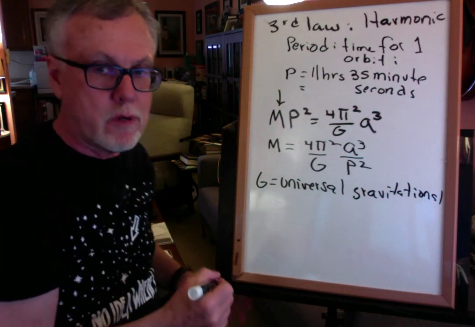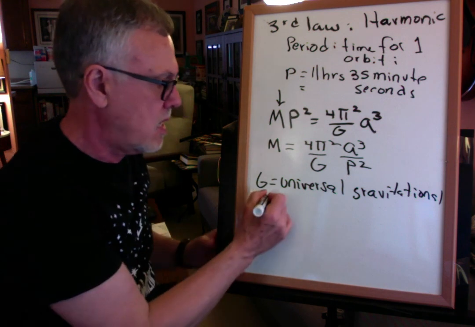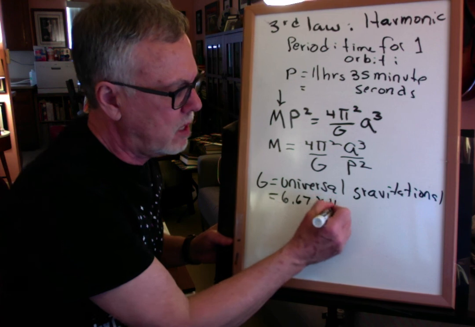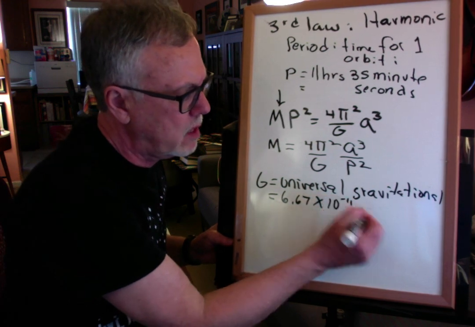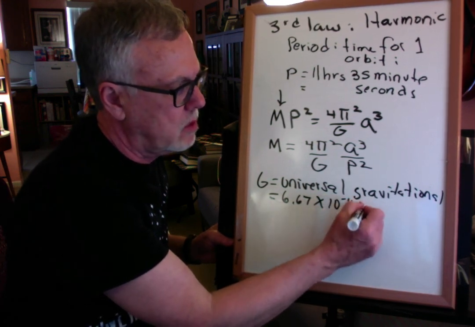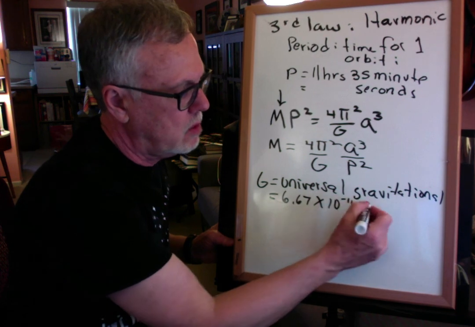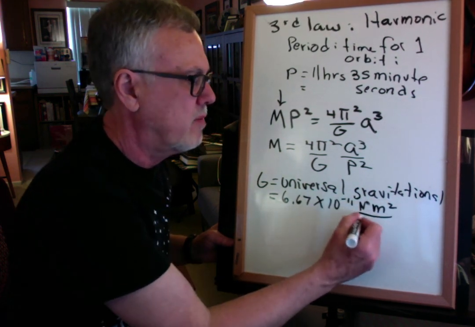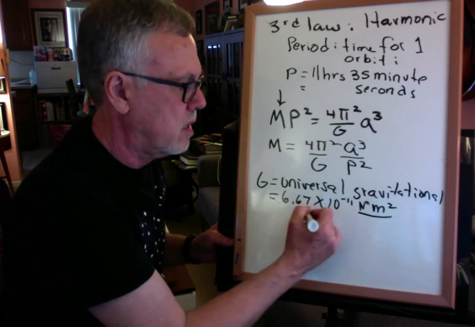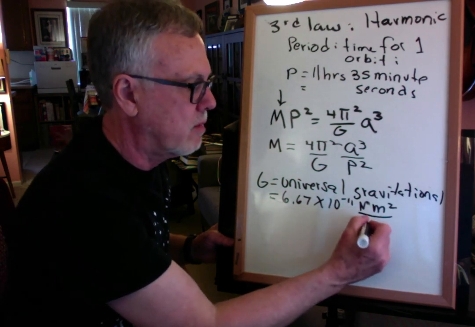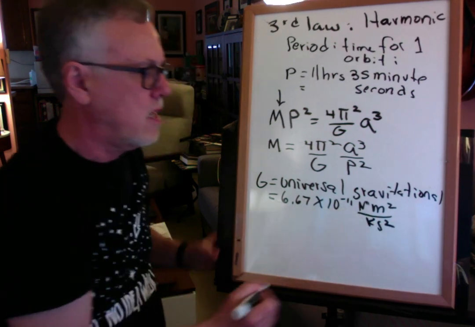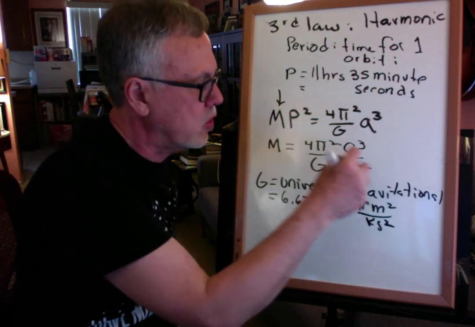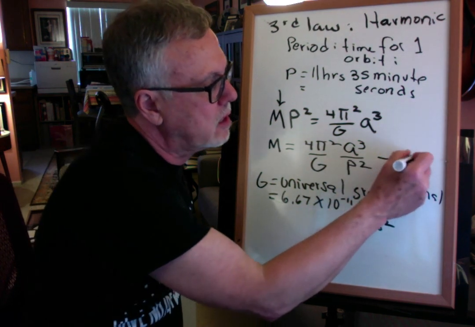We think it's universal, meaning that you'd measure the same amount, and that happens to be equal to 6.67 times 10 to the minus 11, in Newton meter squared per kilogram squared. But don't worry about the units. This will all come out when you calculate this equation. The units for this is kilograms.